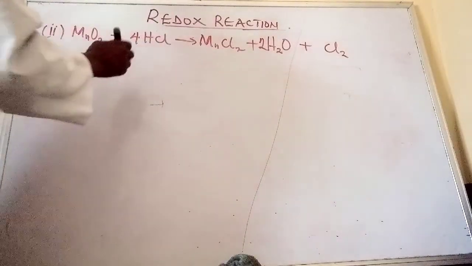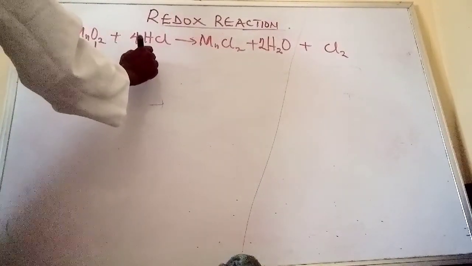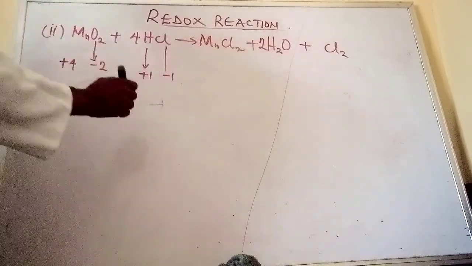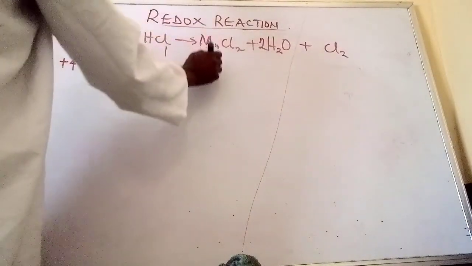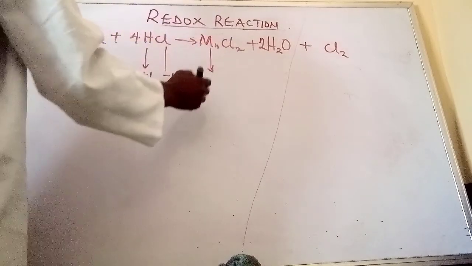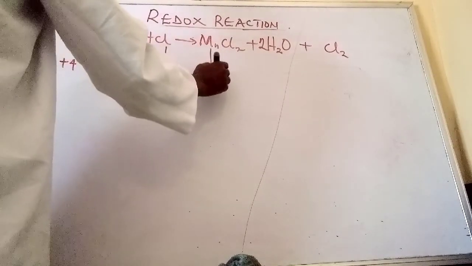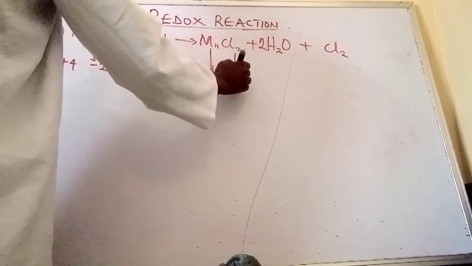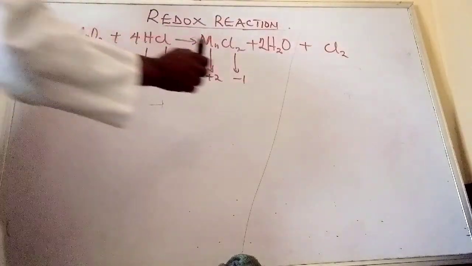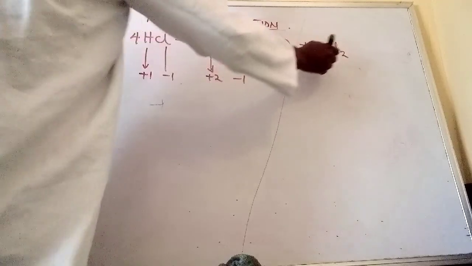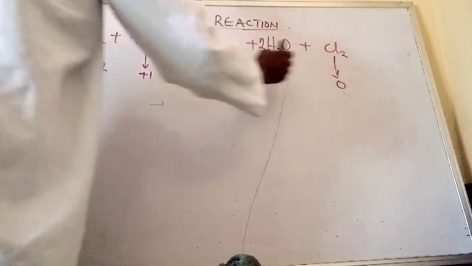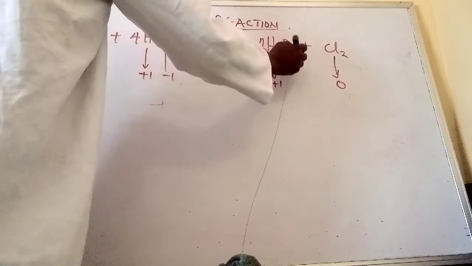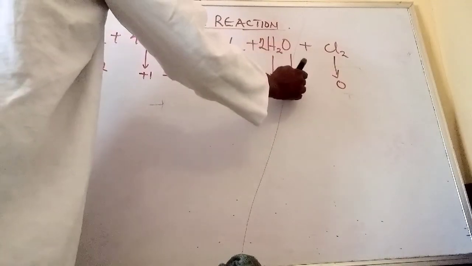Then here, +1, -1. If you calculate the oxidation number of manganese here, it will give you +2. And this one is -1. So this one is 0. This one is +1. This one is -2.